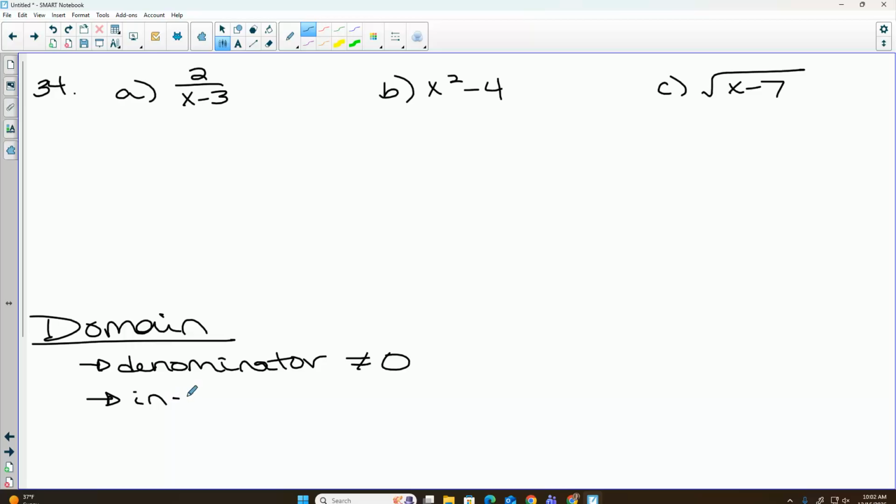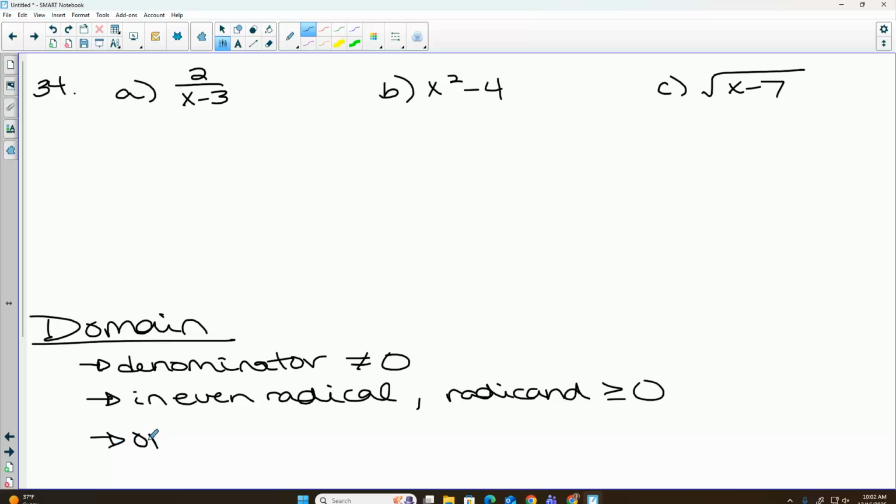In an even radical, the radicand, or the thing under the radical, has to be greater than or equal to 0. Otherwise, your domain is negative infinity to infinity.